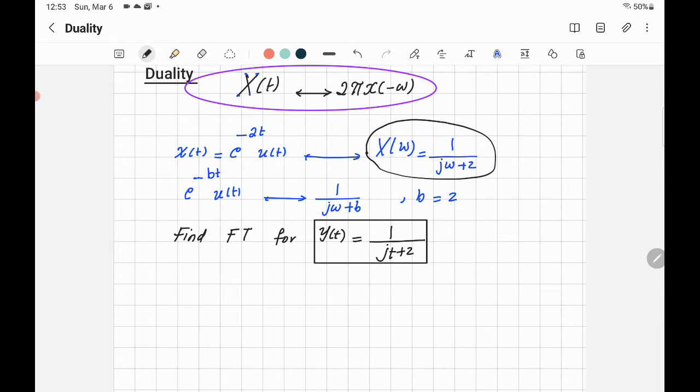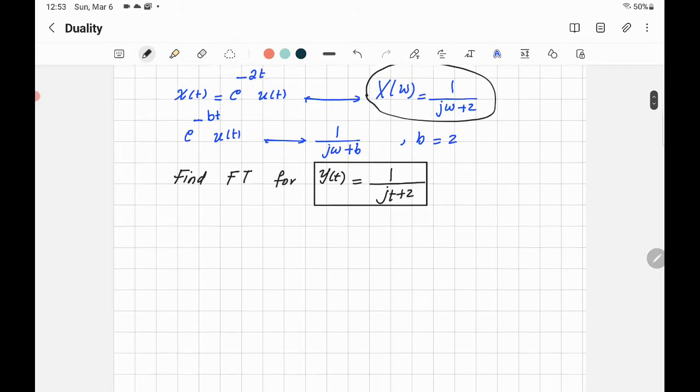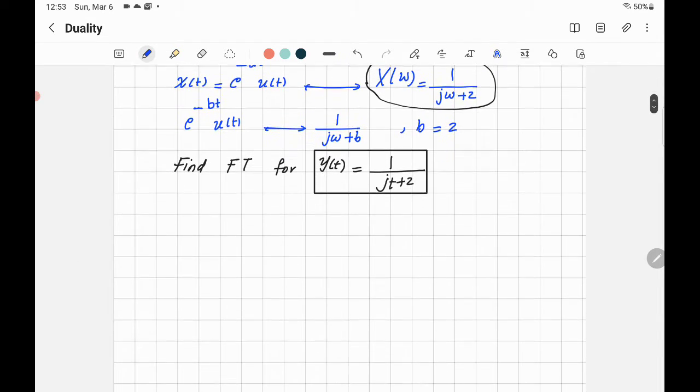It looks like the Fourier transform of another signal. So how can you find its Fourier transform? You can use integration, true, but you'll spend a long time till you get the answer. So when I use the duality, how will you use it? Let me show you simple steps. If you follow, you will get it right.